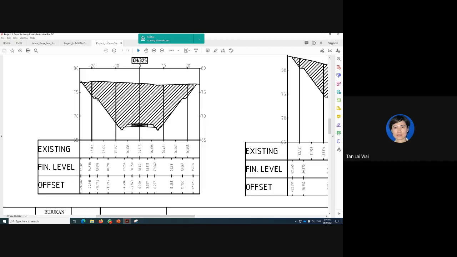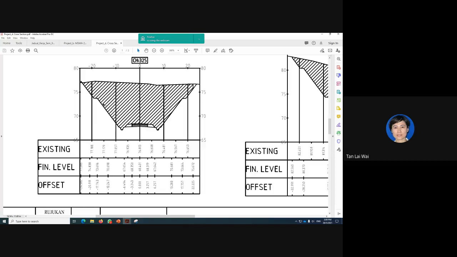This is where the bench drain is. Because if you look at the scale, this is 6 meter. If you read it from here, it's 6 meter, because you know this is 5 meter. Alright, now bench drain, this is the roadside drain. This is your road. This is the cross section along chainage 325. This is the roadside drain, another bench drain, another interceptor drain.